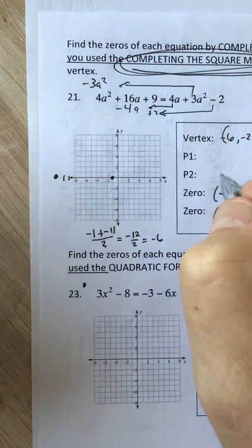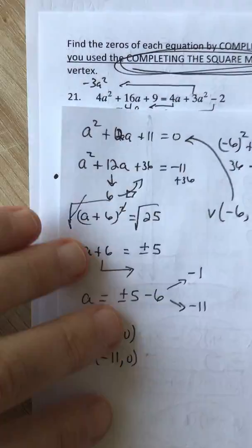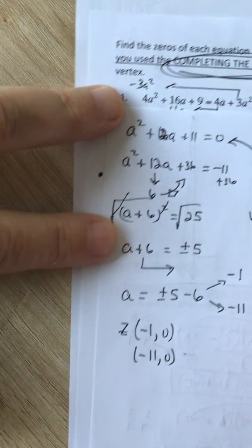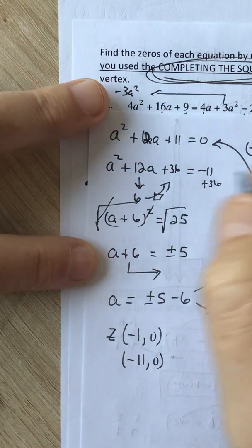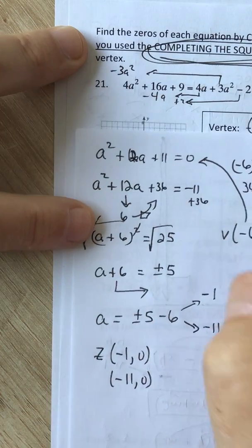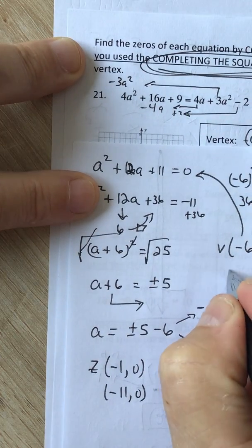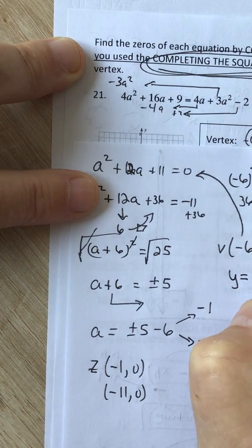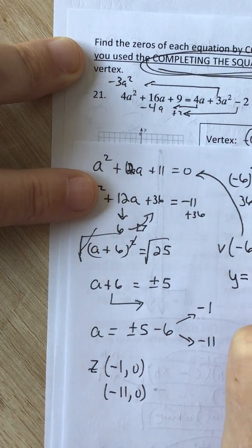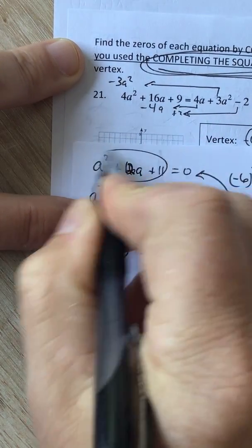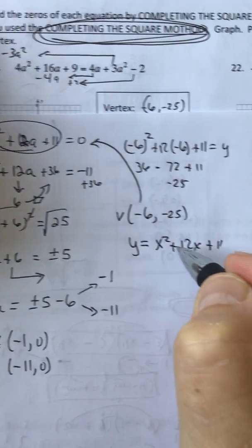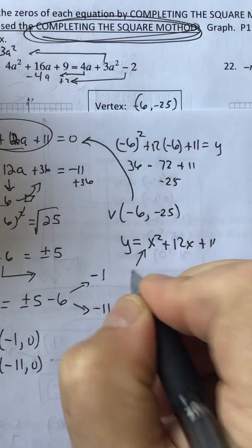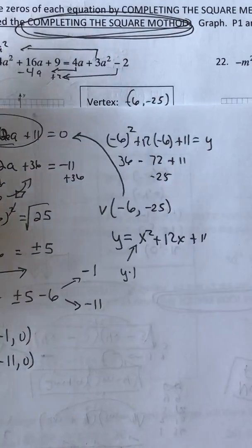Okay, and then one point to the left and one point to the right. Let's look at our original equation. When we started it all, if we were going to complete the square, it would have been y equals x squared plus 12x plus 11. It's just that same one, only instead of equal to 0, equal to y. Had we completed the square, the y multiplier would have just been a 1.